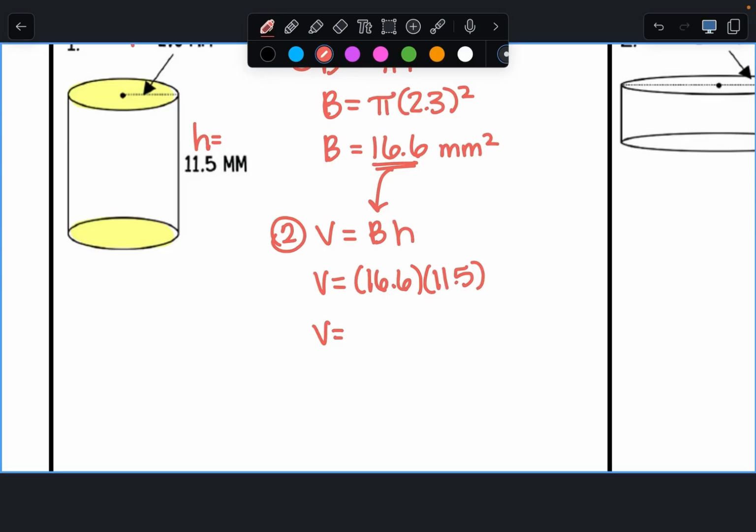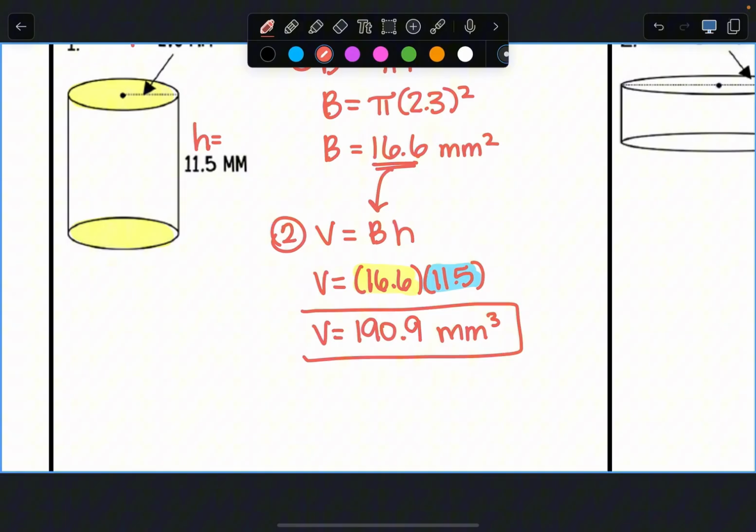Whoa, did I type it in wrong? I did type it in wrong. 16.6 times 11.5. I typed 16.1. So, yeah, 190.9. Now, 16.6 is a number that's squared. So when you multiply it by another number, that's what's going to make it cubed. Volume will always be cubed.